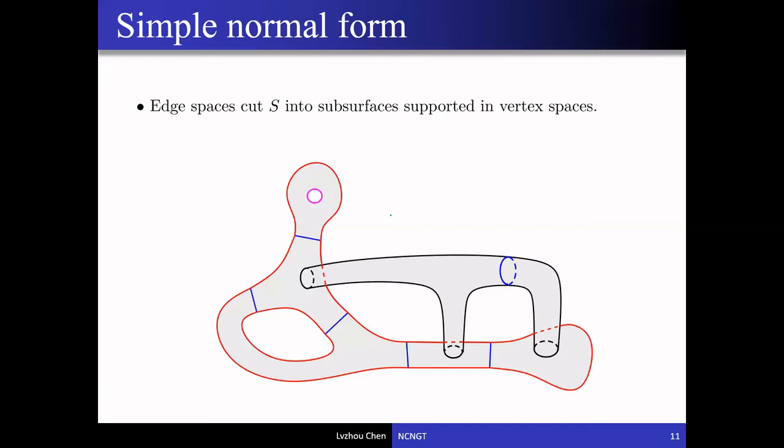There are essentially two types of boundary components for these small pieces. Either a loop boundary, like the one that wraps around some loop in some edge space, or a polygonal one, like the one over here.